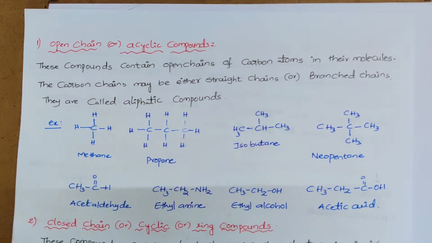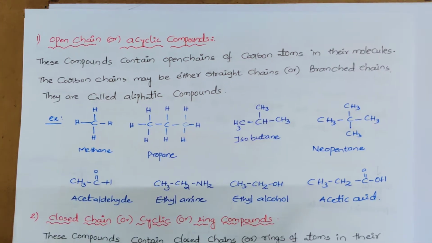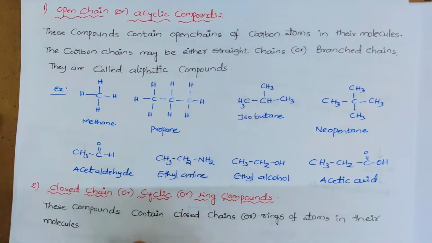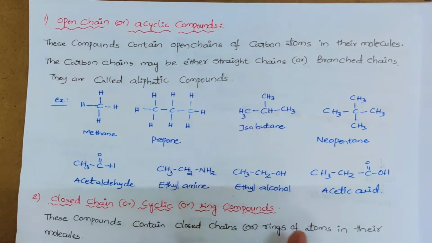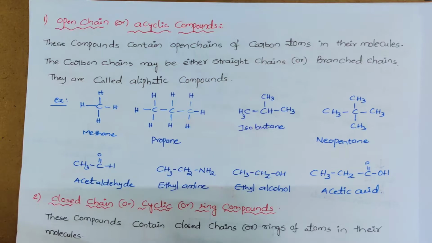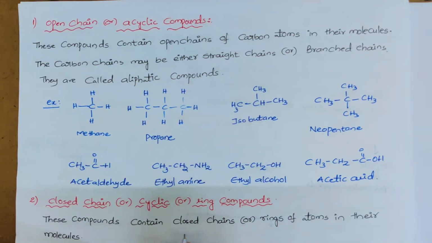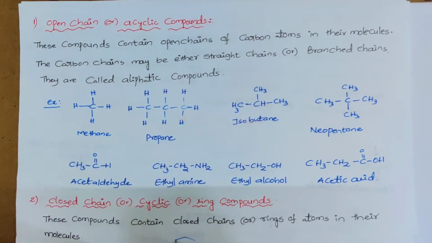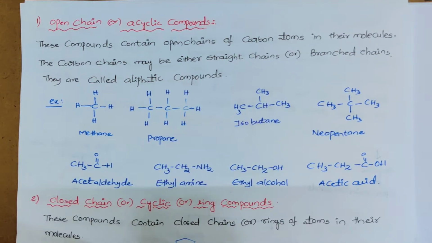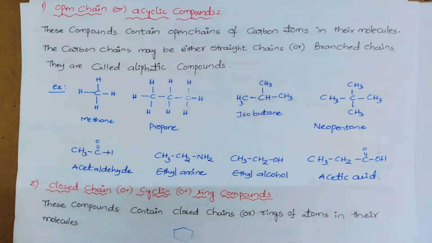What do you mean by closed chain compounds or cyclic compounds? These compounds contain closed chains or rings of atoms in their molecule. So you know very well like this. Suppose if I write a molecule, a benzene ring, you know very well, it is in a cyclic manner.